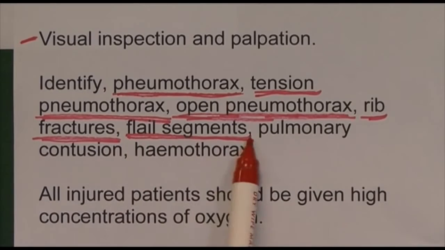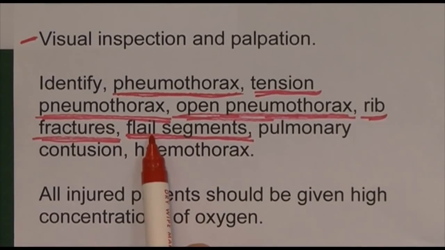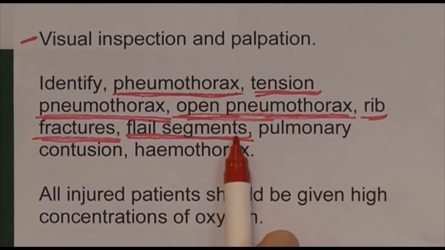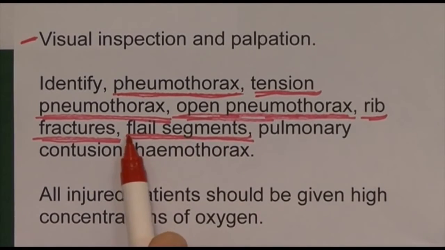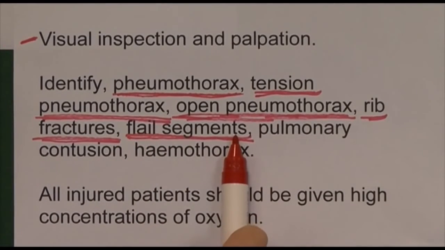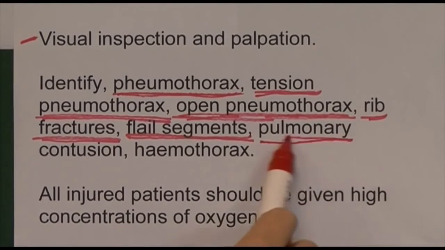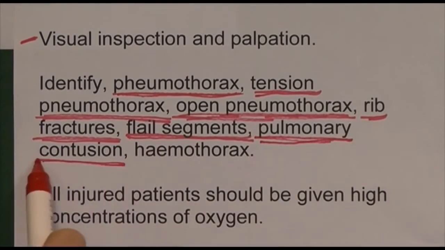And I've actually seen this where you get the proper paradoxical movement, when the chest wall moves up and out, but the flail segment is sucked in, clearly compromising ventilation. And if someone's got a flail segment, that means there's been significant trauma impacted onto the surface of their chest, and underneath the flail segment there's a good chance there's going to be pulmonary contusion, bruising of the lung, also reducing the efficiency of the breathing process.